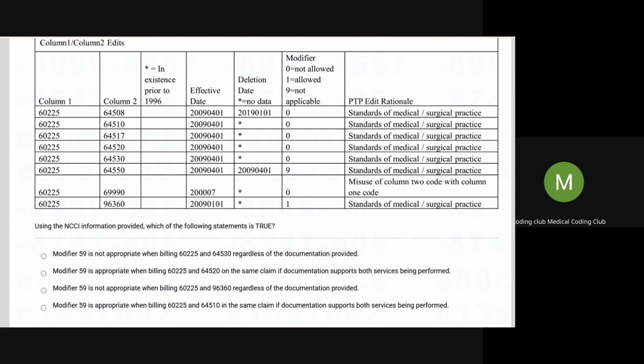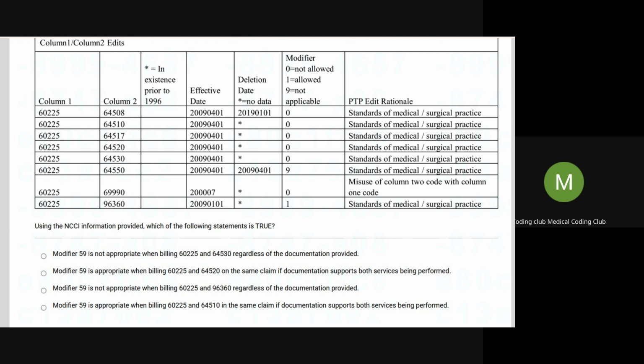Coming to the column 2 CPT code set, these are considered component codes. They are generally considered included in the column 1 services when we apply the CCI edits. So you need to know which CPT code is in column 1 and which is in column 2.